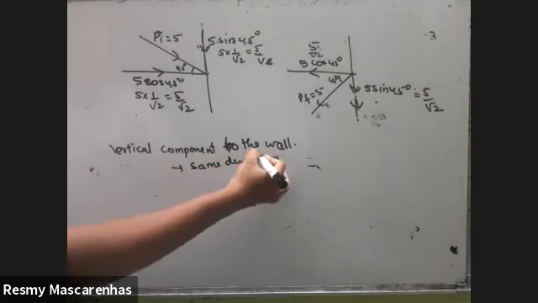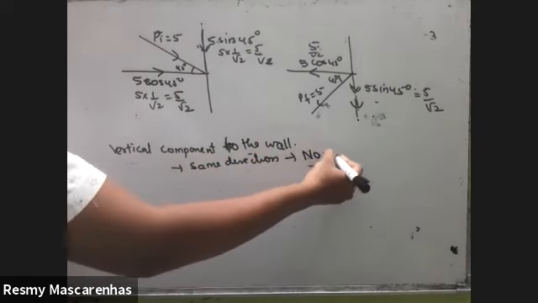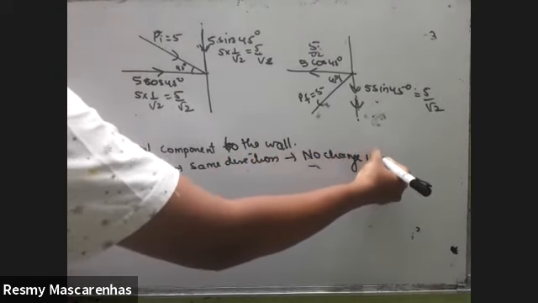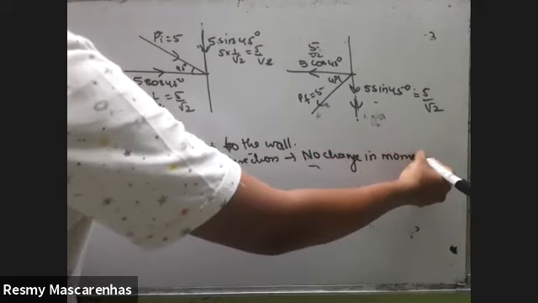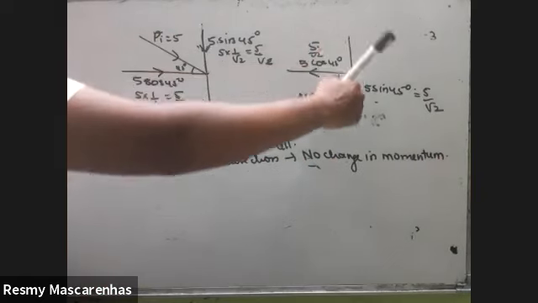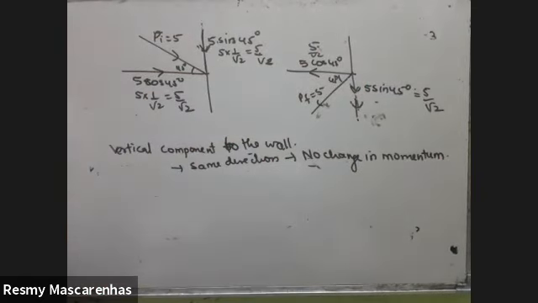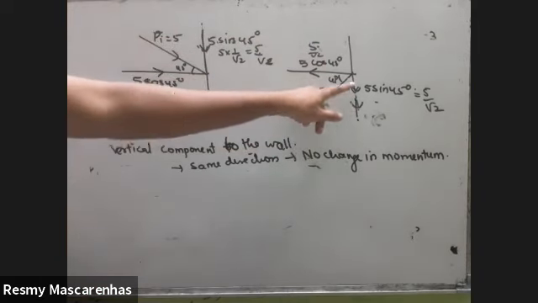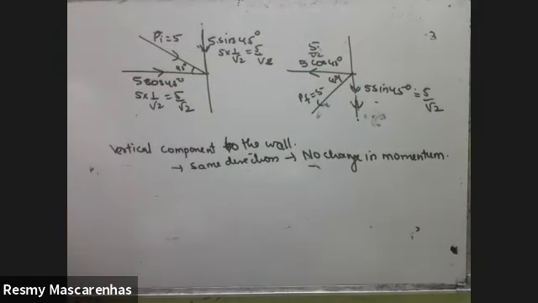It remains the same, so there is no change in the momentum. Whichever direction it was flowing, it will remain the same. There is no change in momentum in the vertical direction. The vertical was going this side only, and after reflecting also it is in the same direction.